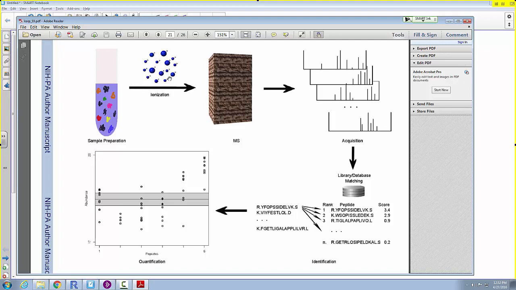Theoretically, we know the exact mass of each amino acid. You know the chemical composition of it, so you can just tally up this many carbons, that many hydrogens, and so on. So in theory, a peptide, which is just a string of amino acids connected to each other, has a unique mass.